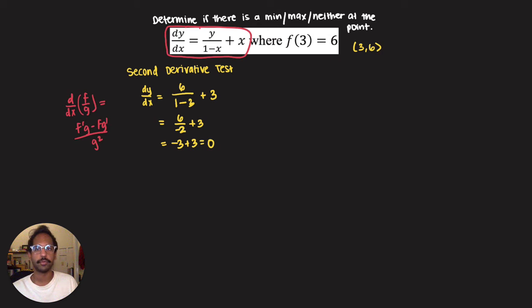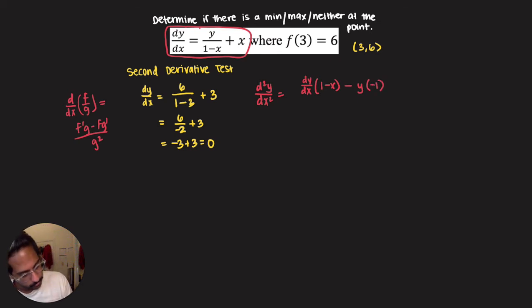The derivative of the first thing, the numerator y, is just dy/dx. We're going to say d squared y over dx squared equals dy/dx times the denominator, which we just keep the same, minus, and then we keep this the same and take the derivative of 1 minus x, which is just negative 1, all over the denominator squared, 1 minus x squared, plus the derivative of x, which is just 1.